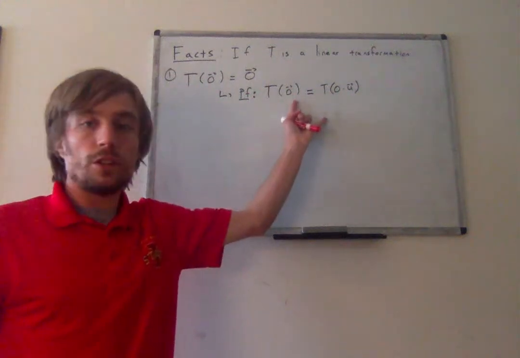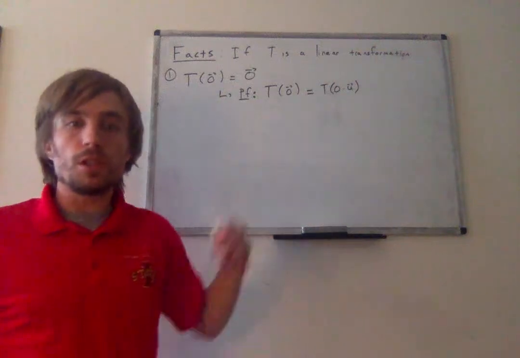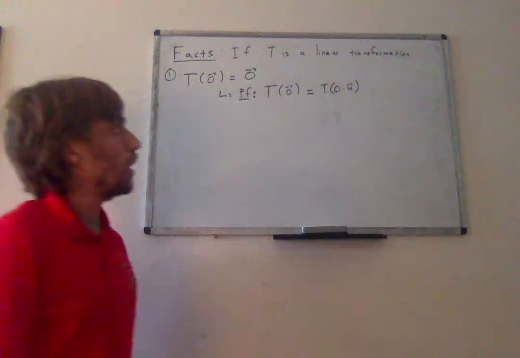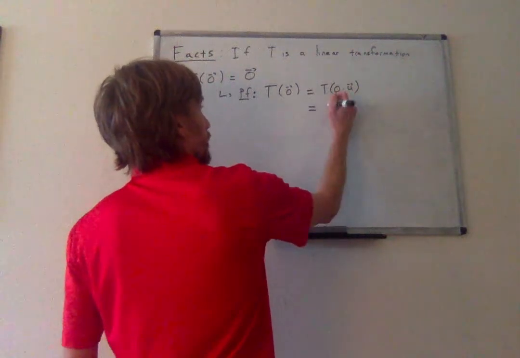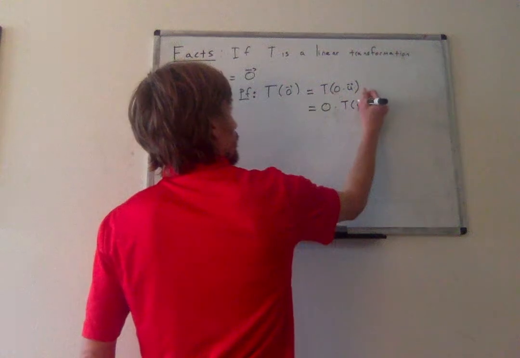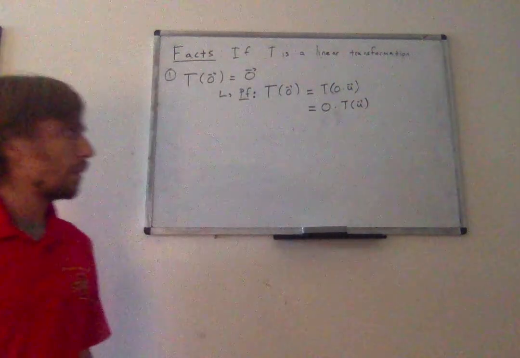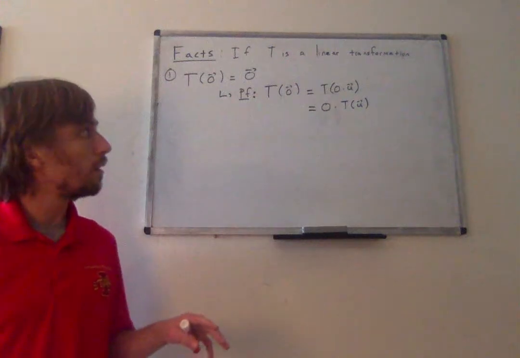And these two things are definitely equal because 0 times any vector u is just the 0 vector. Well, we know that for all linear transformations, I can actually factor scalars out. And this is one of the properties of linear transformations that we've just defined.